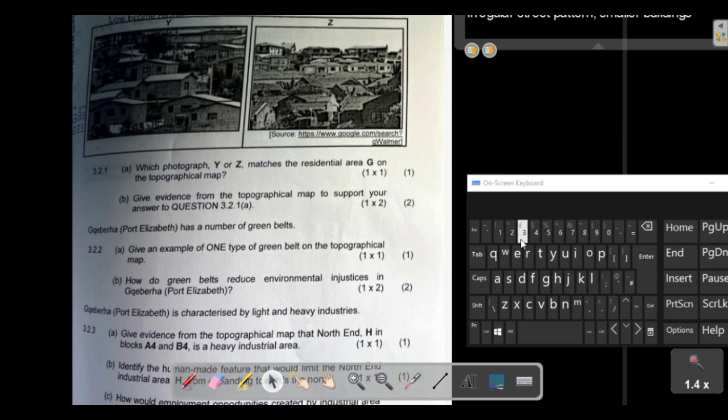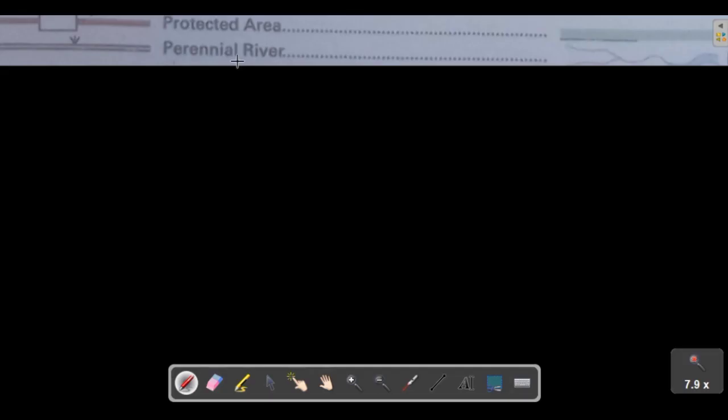And then we move on to the next question, which is 3.2.2, guys. Before that they say Gqeberha has a number of green belts. 3.2.2a says give an example of one type of green belt on the topographical map. Let's explore this.